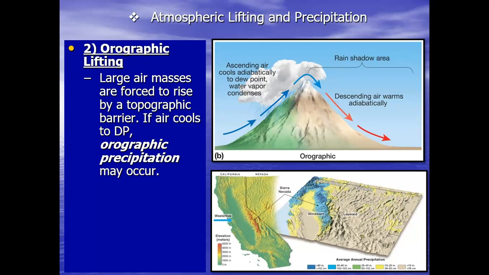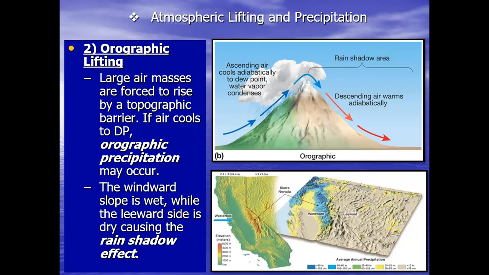So as this air rises, as it encounters a mountain range or some geographic feature, orographic precipitation may occur. So again, air is rising. As it rises, it's going to cool, where it can cool to the dew point temperature, where it will change from water vapor to a liquid, and then perhaps into some form of precipitation.